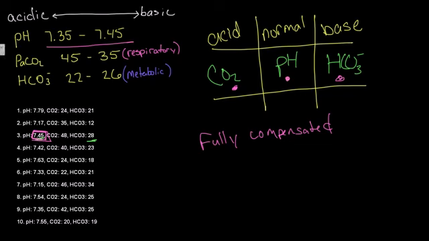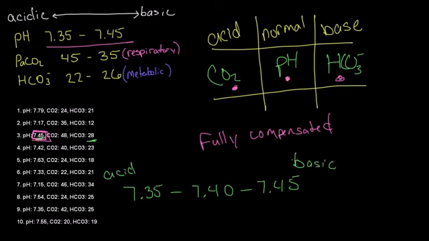Now I'm going to actually write this pH scale out here a little bit bigger so we can get a better idea of what's going on here. 7.35 to 7.40, and then from 7.40 to 7.45. This is more acidic, this is more basic, and this is neutral. Well, it's not absolutely neutral, but in this case we're going to consider it neutral.